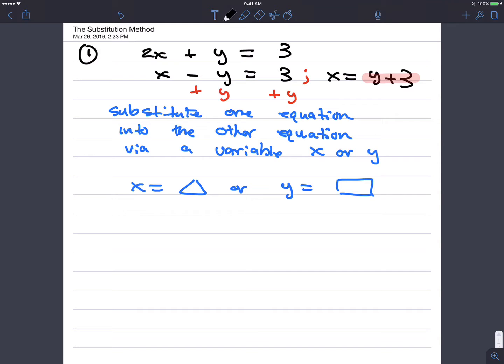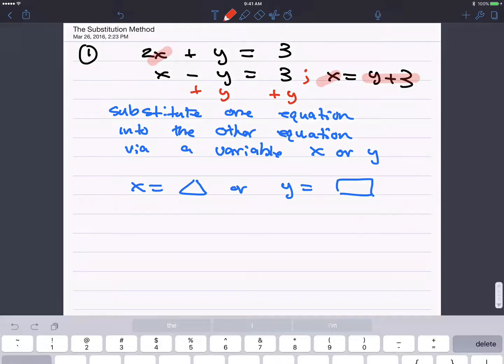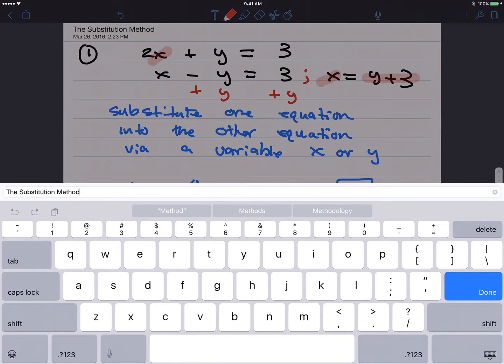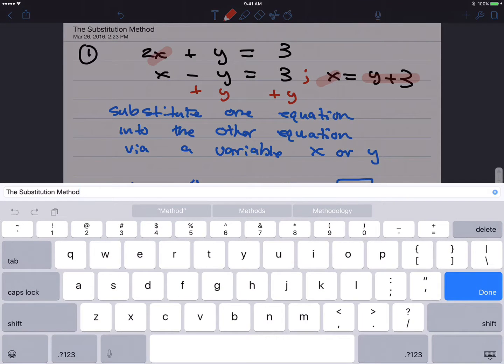My first equation has 2 times x. I'm going to use this x that we just discovered is equal to y plus 3, meaning in the first equation, we're going to replace x.